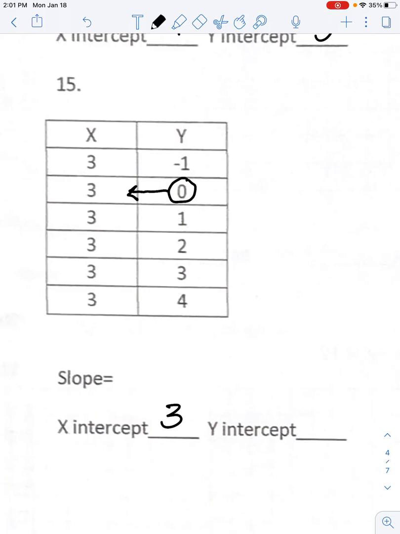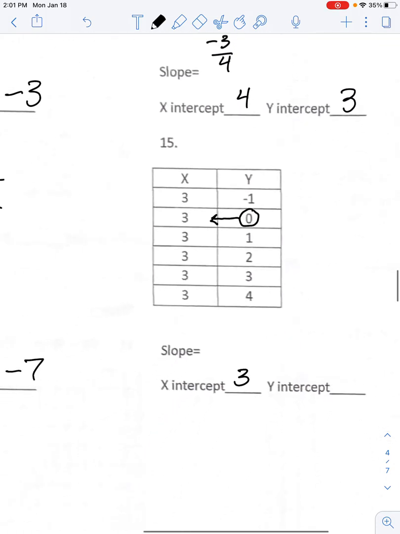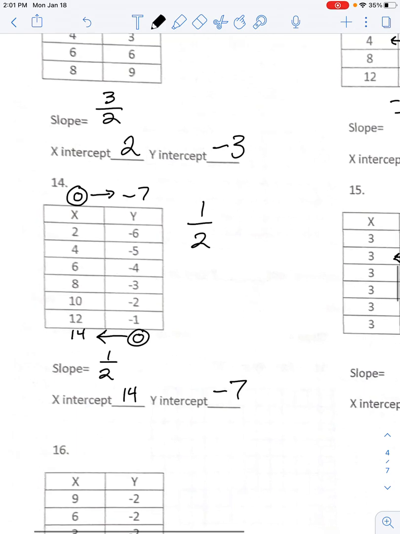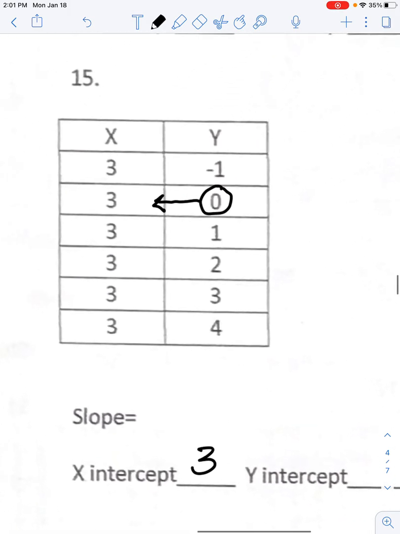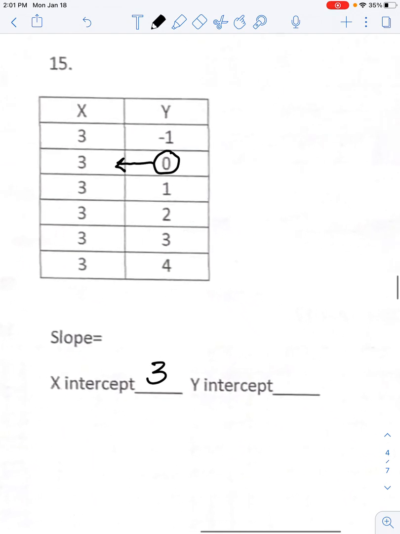That will never be 0 by trend, meaning we cannot do what we just did on number 14. So when you're looking for the y-intercept, the answer is going to be none, because it's never going to hit the y-axis.